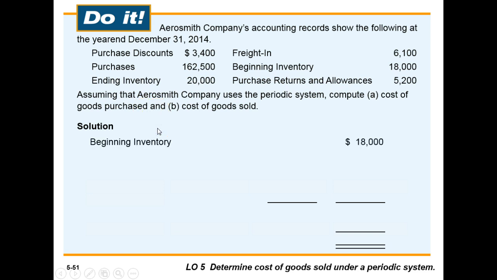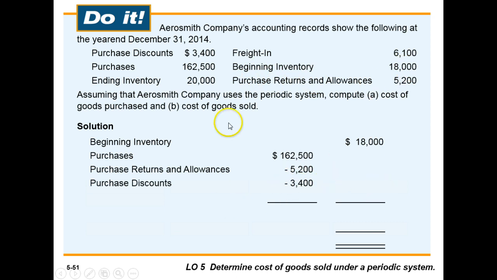So we're going to start with beginning inventory. We always start with beginning inventory, okay? Even if it's zero, we're going to start with beginning inventory. Then we're going to add purchases of $162.5. Then we're going to show purchase returns and allowances of $5,200. We're going to subtract that. Then we're going to take into account discounts.